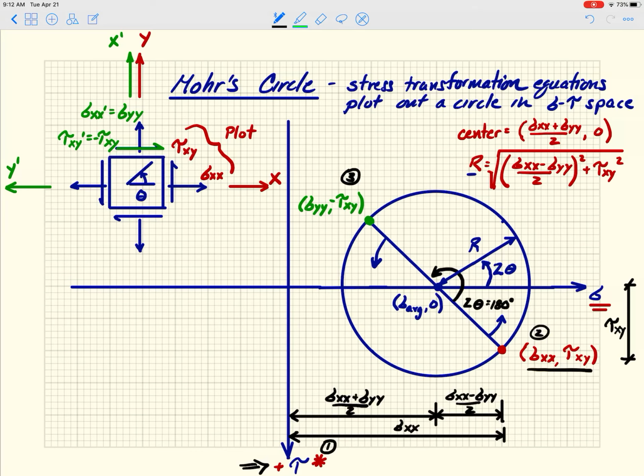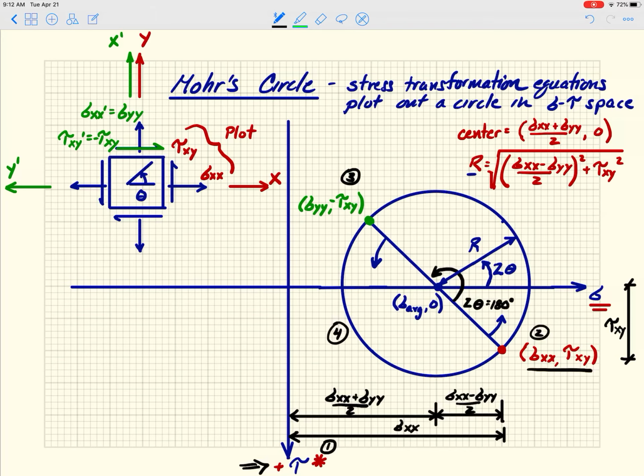It flips, right? And hopefully you can see that. That green arrow there is on a positive x prime face, but it's now moving in the minus y prime direction. Okay, and once you do that, then you can go ahead and plot the entire circle.